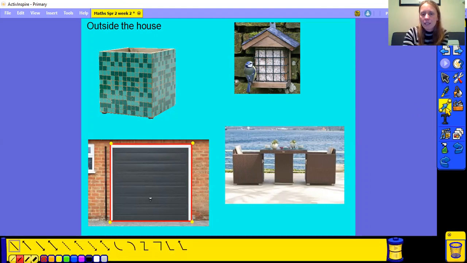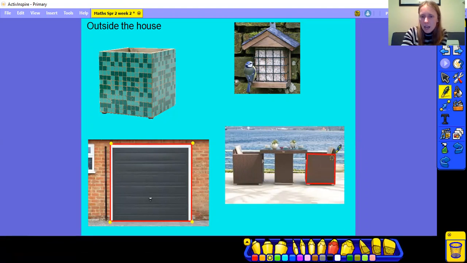Let's have a look at the seats. Can you see a square on the seats? I can see a square here, look. 1, 2, 3, 4 equal sides, and 1, 2, 3, 4 corners.